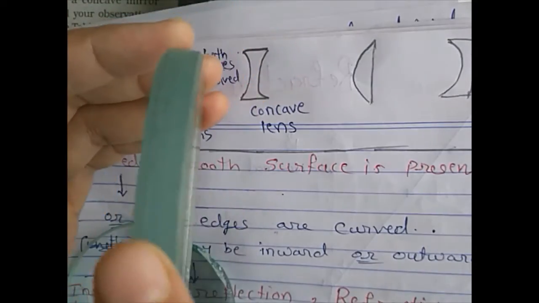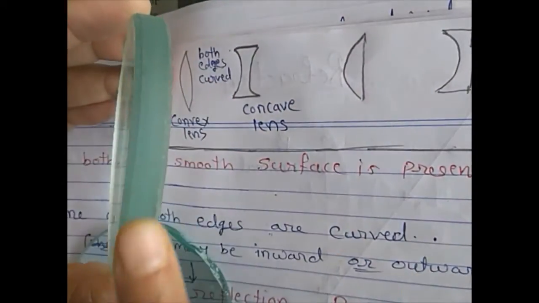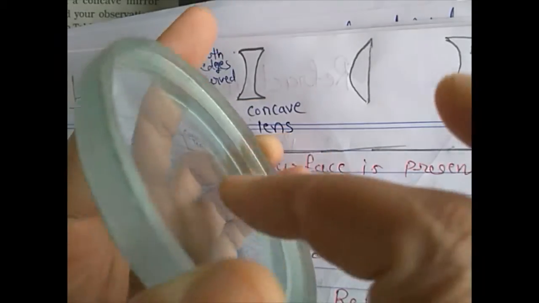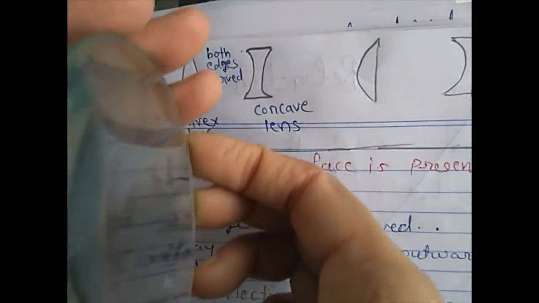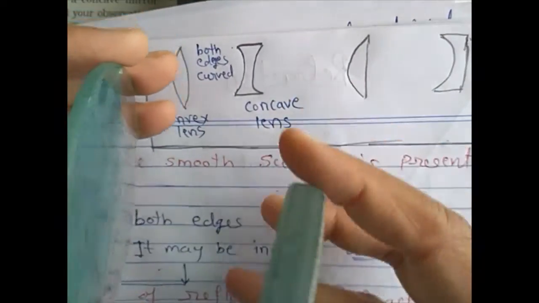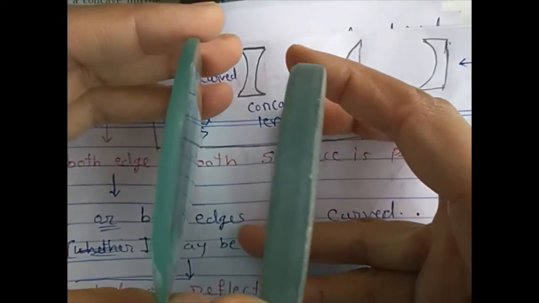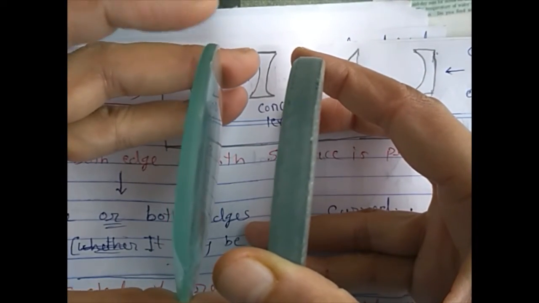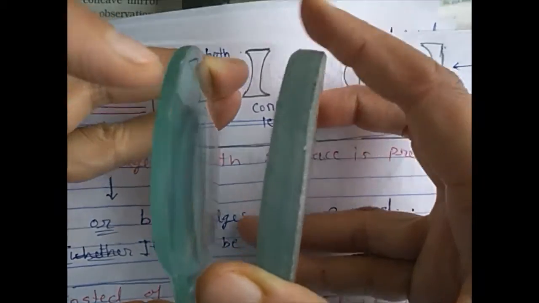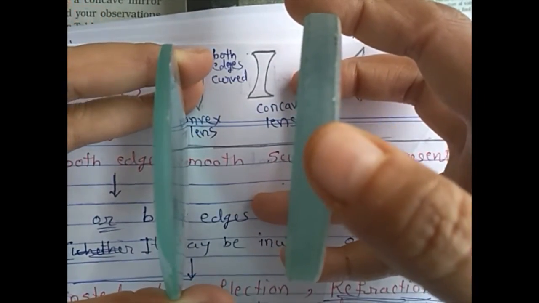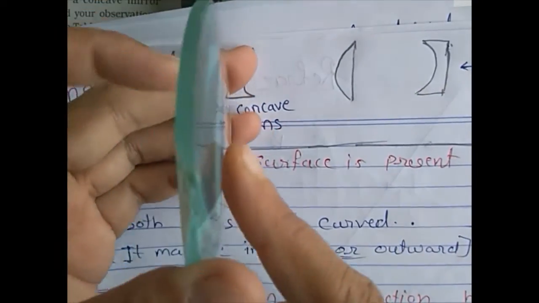Concave lenses are thick at the top and bottom and thin at the middle. Here we can see the difference. This is the convex lens and this is the concave lens. The convex lens is thin at the top and the concave lens is thick at the top. But at the middle the convex lens is thick, and the concave lens is very thin compared to the convex lens.